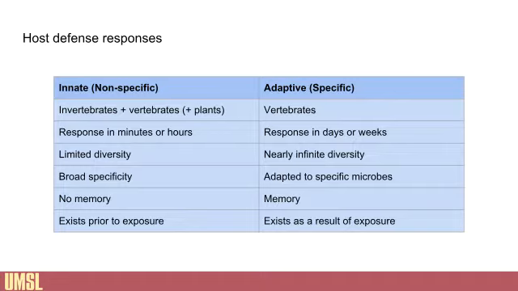The innate immune system, specifically at the cellular level, involves toll-like receptors and essentially pattern recognition, saying this is what bacteria look like, and this is what pathogens look like, and what I'm really doing is looking for big changes in abundance. These are something that invertebrates, vertebrates, and plants all do.